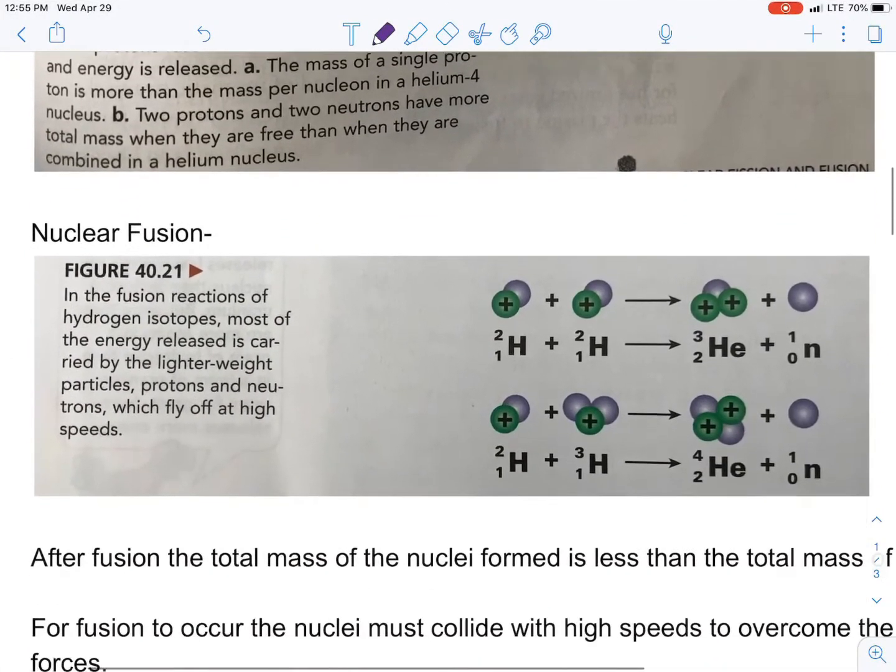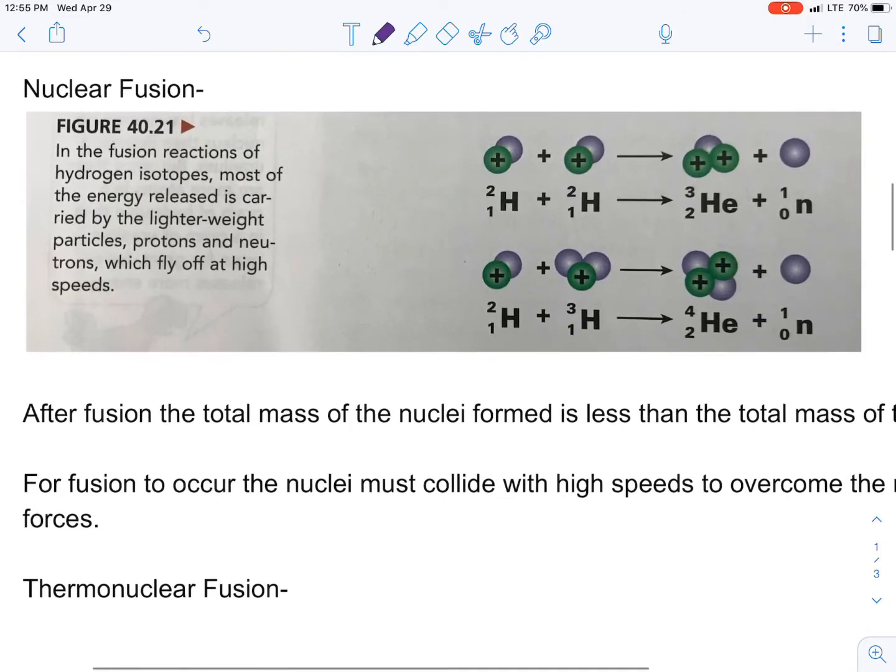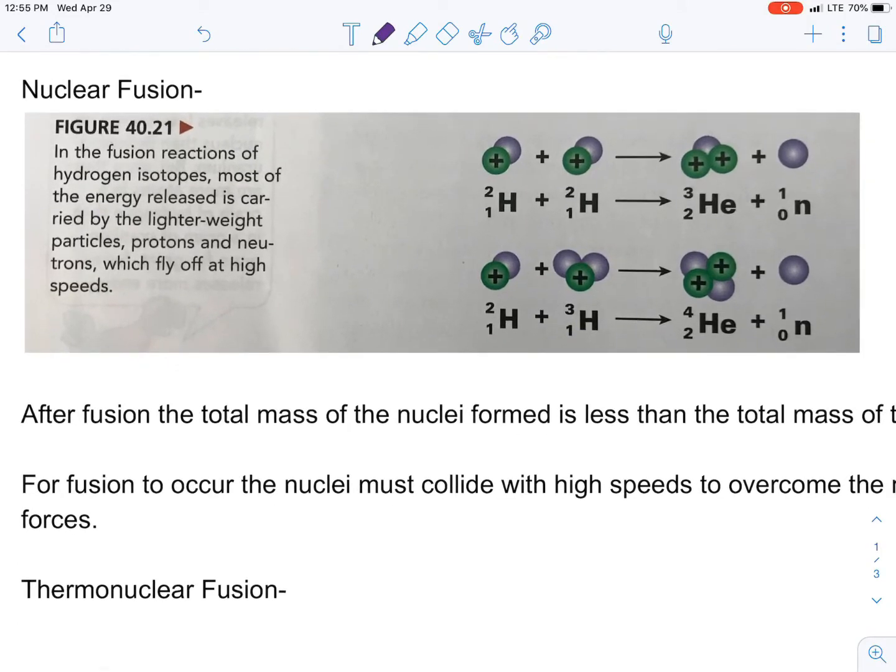Okay, so let's see what our reactions are. This is just a basic fusion reaction. If they could do a fusion reaction and control it on Earth, this is what they would do. Now, this is deuterium. Deuterium is just hydrogen that has an extra neutron, right? So I'm looking right here.